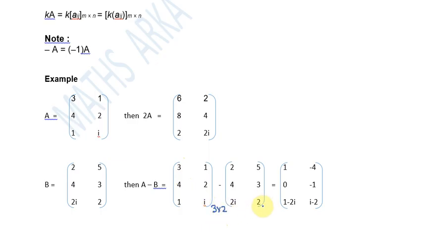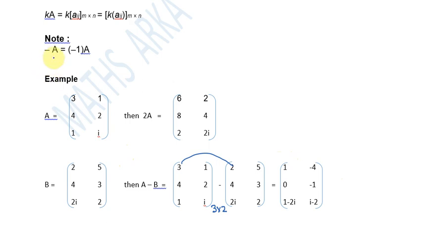For this also it is the same, 3 cross 2. Then subtraction is possible. Now we need to look into the corresponding elements. 3 minus 2 is 1. 1 minus 5 is minus 4, and similarly for the other numbers. So this is the result we get out of A minus B. Just as we did for addition, subtraction works the same way. Not much complexity over here.